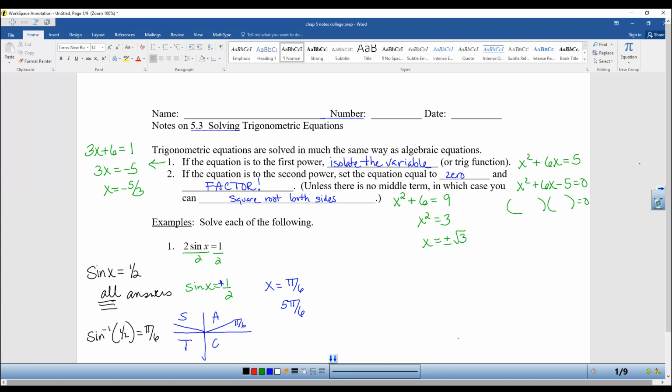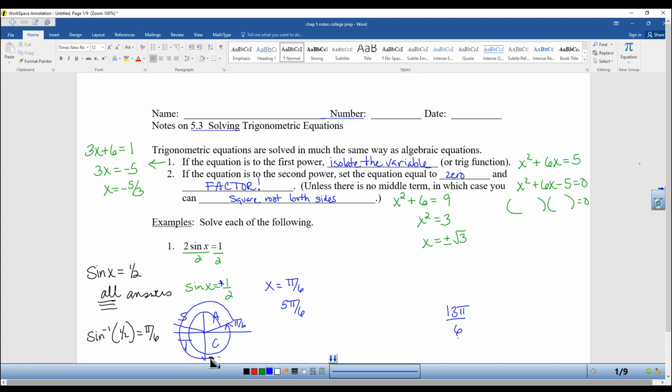And at first you might think that there's only 2, but actually not really, because somebody could also say 13 pi/6. They could go all the way around the circle, which is 2 pi or 12 pi/6, and 13 pi/6 is also in the exact same spot.